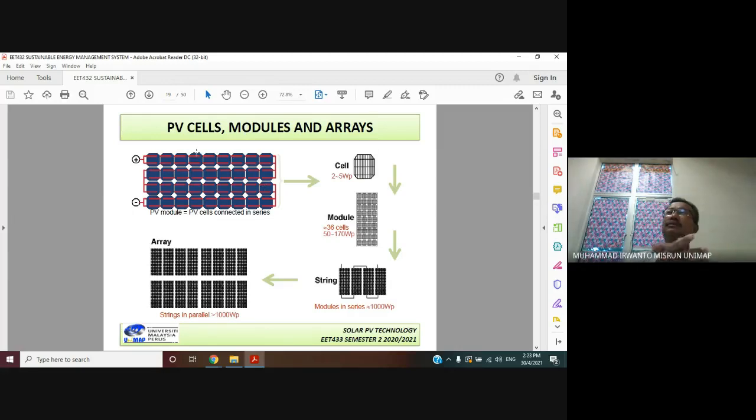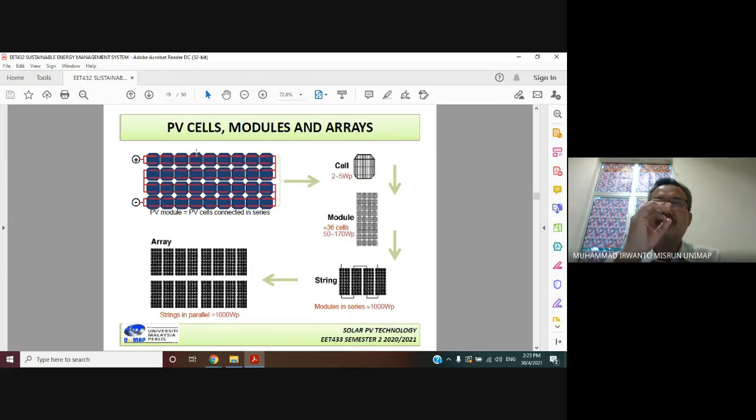If we discuss the PV module, one small part of a PV module we call a cell.